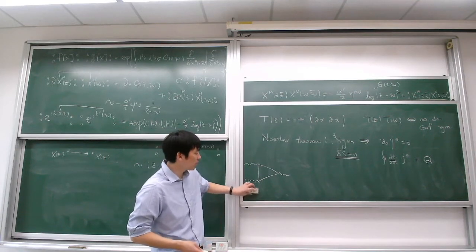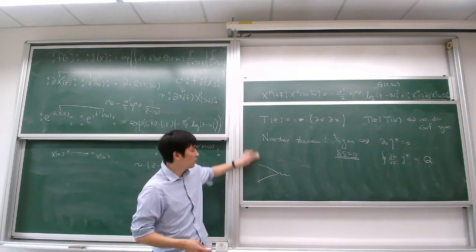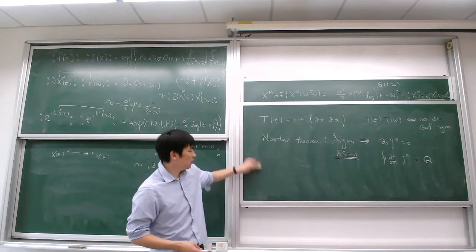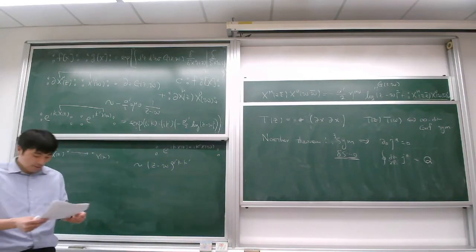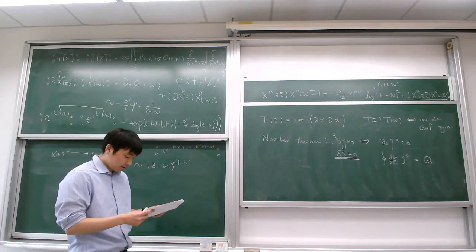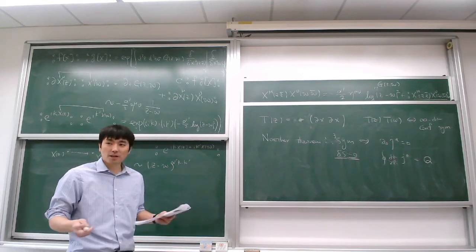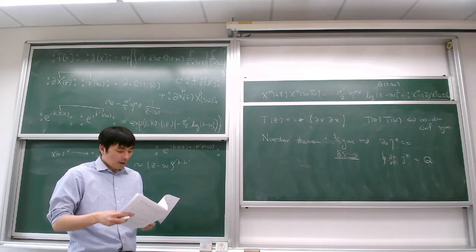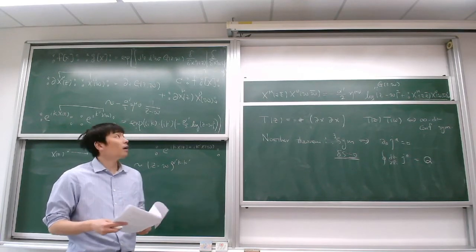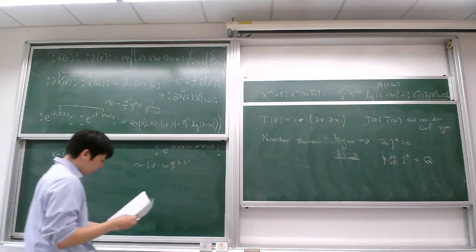That I taught last semester. No, one year ago. So you have to be careful at the quantum mechanical level. We will learn something about the anomaly in 2D, maybe next lecture or after two lectures.